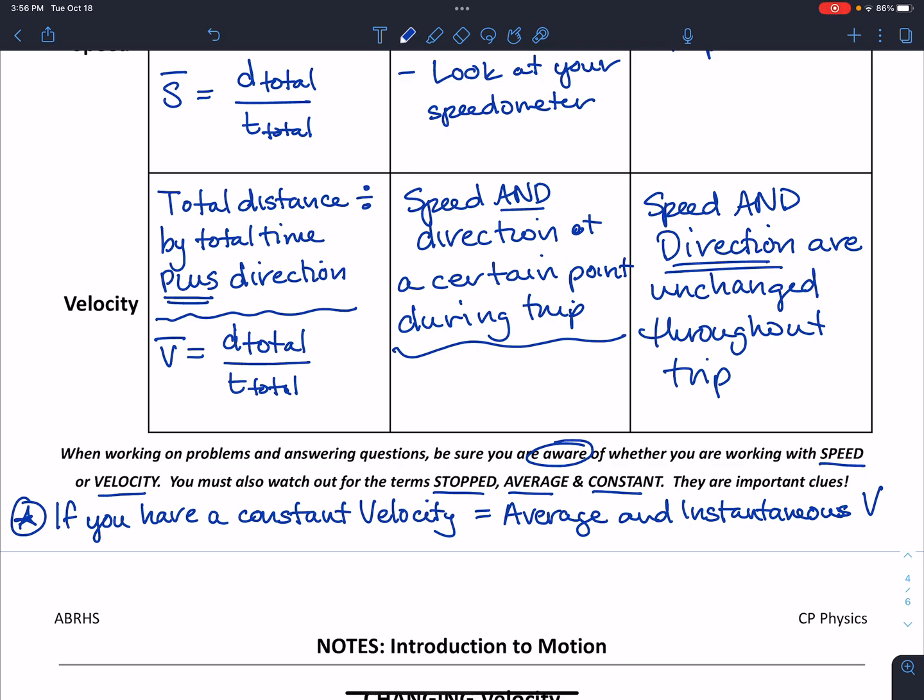So knowing that you're moving at a constant velocity or a constant speed is actually a really nice piece of information. It tells you a lot. So that's it for our look at velocity. In the next video, I'm going to talk about what happens when your velocity changes.